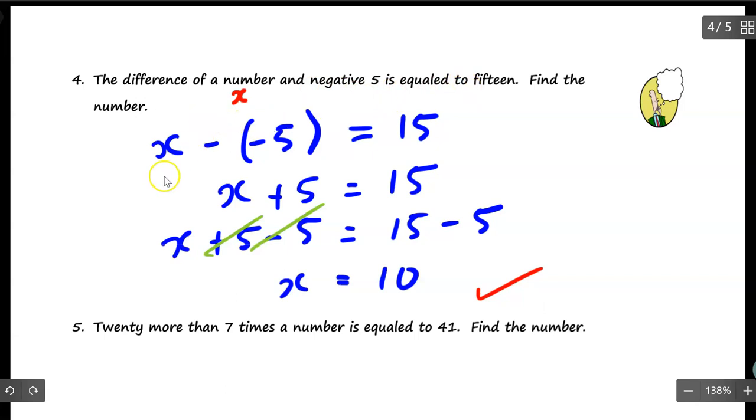I should say that the difference of 10 and negative 5 means 10 subtract negative 5 is equal to 15, right? So that means 10 plus 5 will be equal to 15.